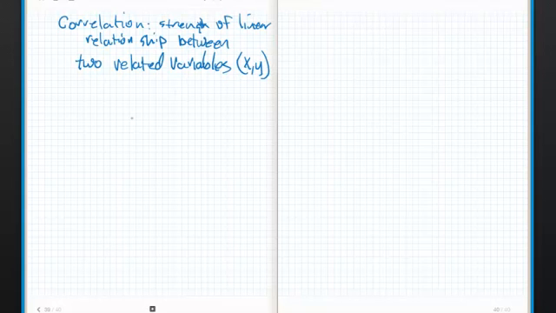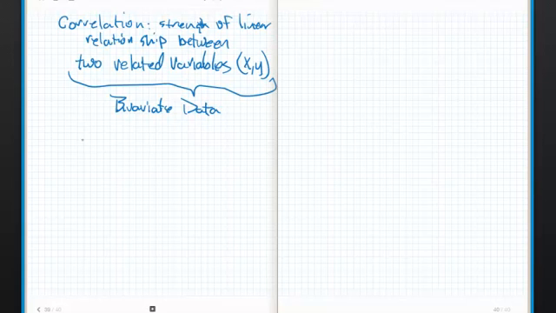Okay? So sometimes you'll hear this term referred to as bivariate data. And let's get you a little bit of background here before we get crazy.